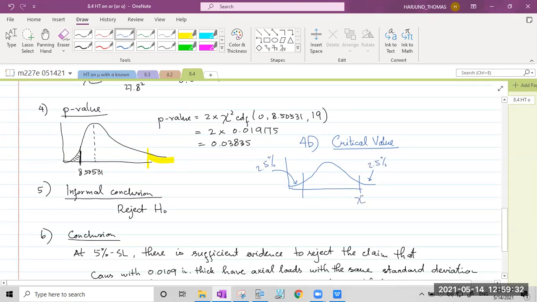We have two critical values, chi-squared critical right and chi-squared critical left. Chi-squared critical right is inverse chi, the area to the right, 0.025, degree of freedom 19. And chi-squared critical left, inverse chi, the area to the right, 0.975, degree of freedom 19.